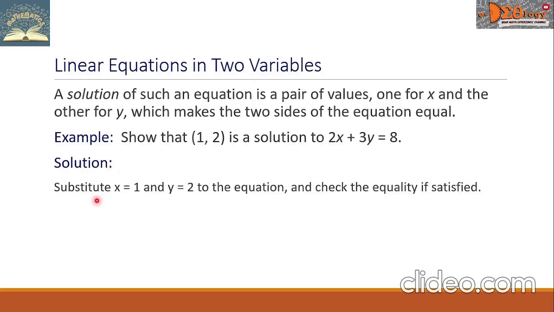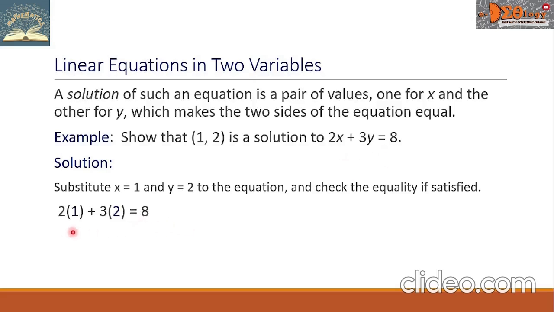For the solution, we substitute x equals 1 coming from this and y equals 2 coming from this to the equation and check the equality if satisfied. Our equation is 2x plus 3y equals 8.